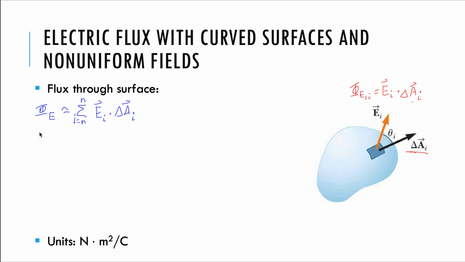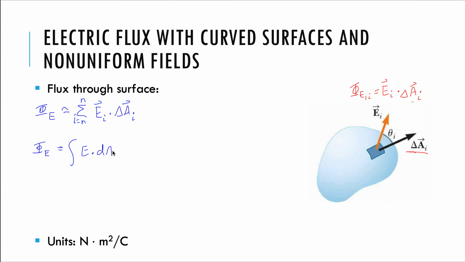But in order to get an exact result for electric flux, we need to consider the limit, right? The limiting case where these area elements become infinitesimally small and we have an infinite number of them. So as we take that limit of the sum, that is how we get our surface integral of E dot dA.